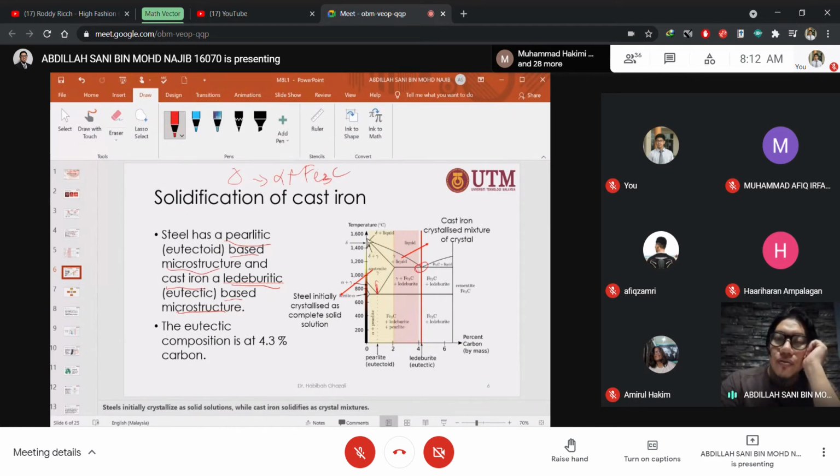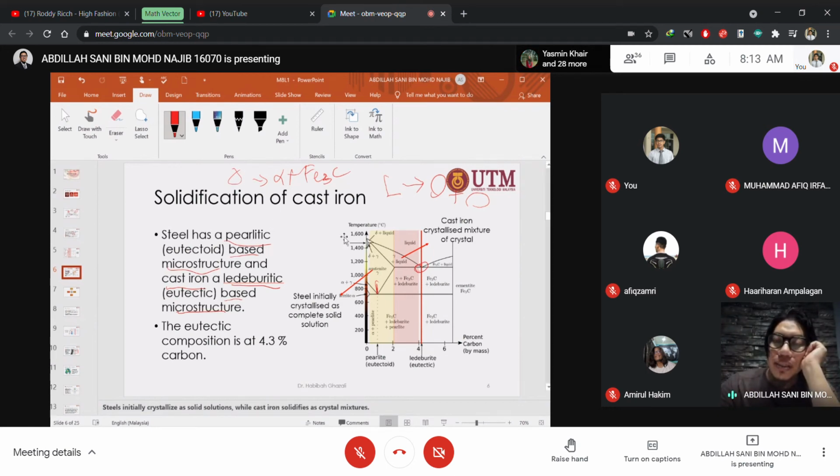But for eutectic, we have liquid into two kinds of solid, right? So this is solid to two kinds of solid. This is liquid to two kinds of solid. So that is eutectic. Eutectic is at 4.3% carbon.